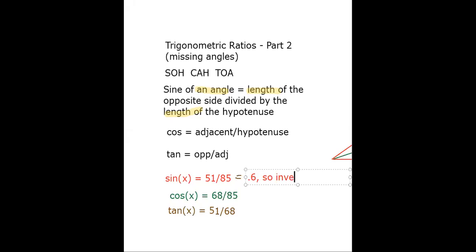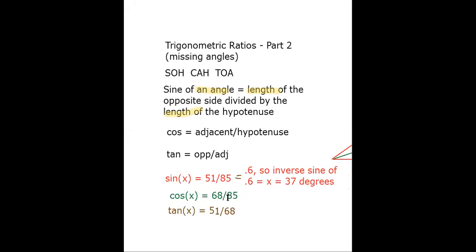So the inverse sine of 0.6 would equal x, which is 37 degrees. A little more clear on that one.